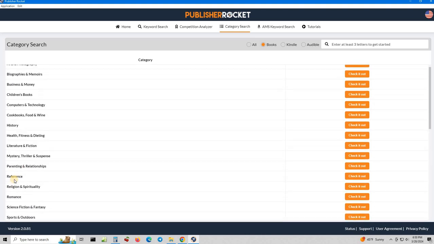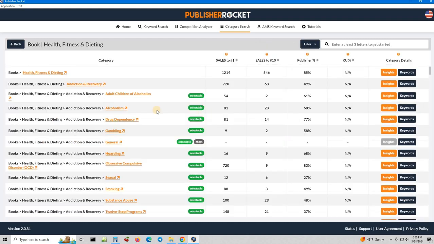Let's try the health one. Health, fitness, and dieting. There might be a sub niche in there for wellness. Alright, health, fitness, dieting, the general, the most competitive one. Just no way a new book's gonna fly there.